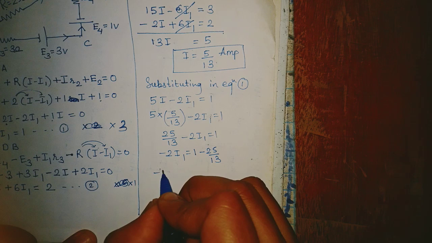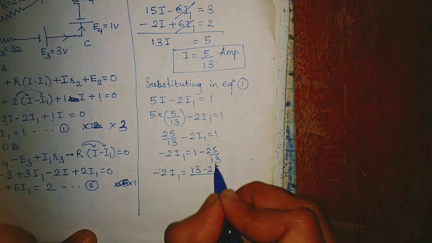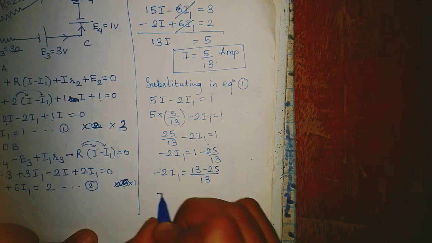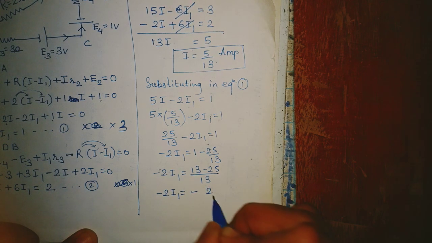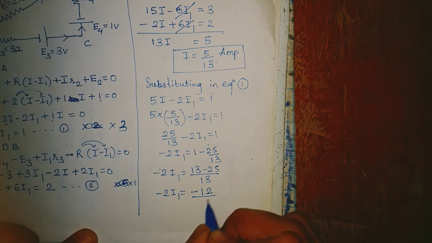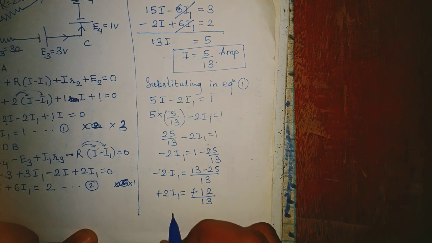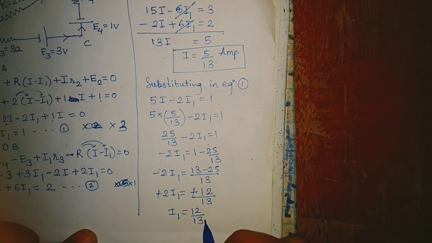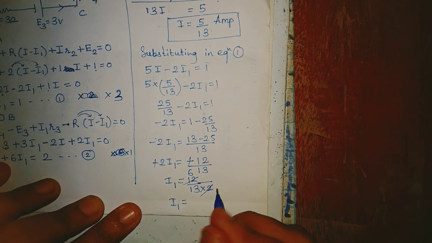Cross multiplying, you will get 13 minus 25 upon 13, so this will be negative 12 upon 13. This 2 you can take this side, so it will be I1 equal to 12 upon 13 into 2. So it gets cancelled, so we'll get final answer I1 equal to 6 upon 13 ampere.